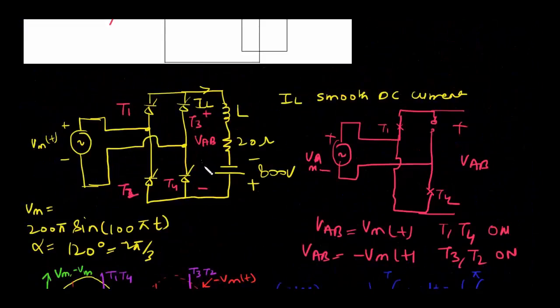So let's go back to the circuit. Now we have got the VAB average value, so you can draw the equivalent circuit considering VAB average and the RLE load.